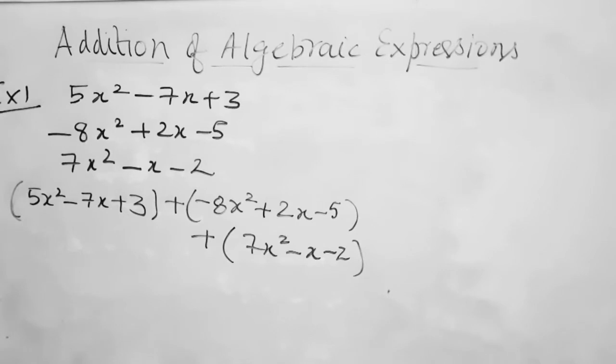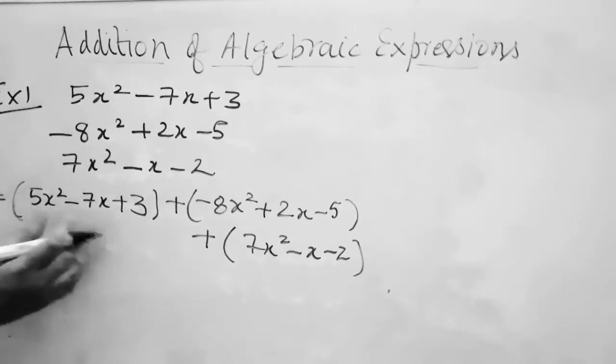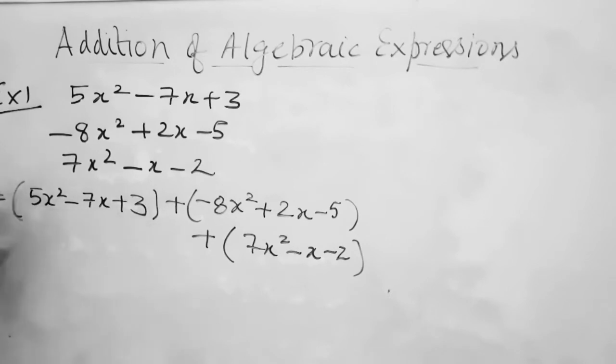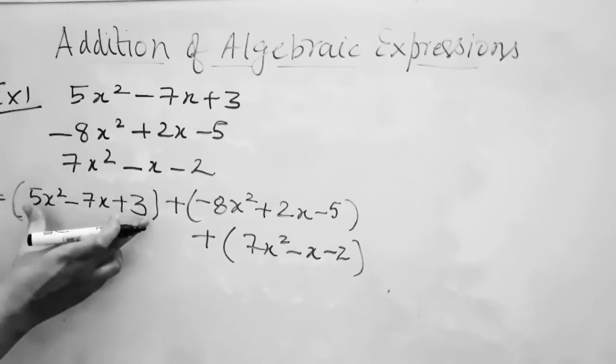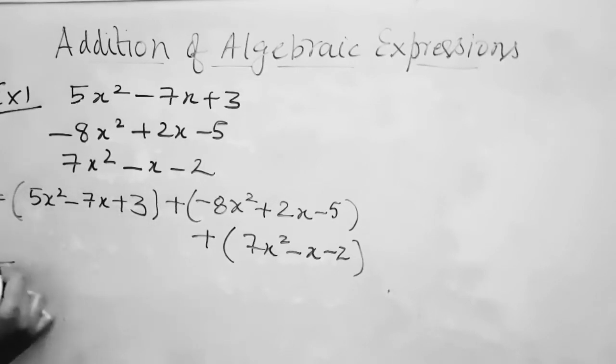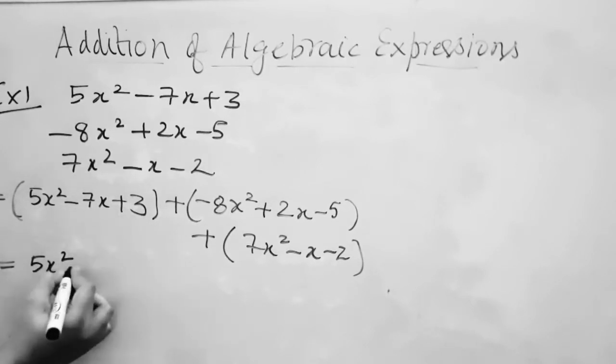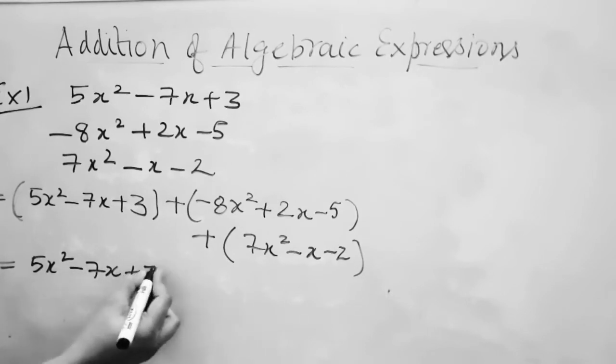Once you open the bracket, you have to recall the rules I explained in the chapter integers. The first algebraic expression does not have any sign before the bracket, and bracket means multiplication. There is nothing outside the bracket, so I am not multiplying anything here. It will simply be written as 5x square minus 7x plus 3.